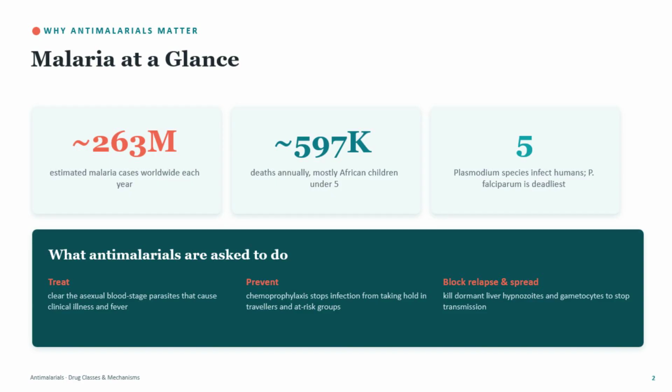I think of antimalarials as having 3 jobs: to treat blood stage disease, to prevent infection through chemoprophylaxis, and to block relapse and transmission. As I'll show you, those 3 goals are exactly why no single drug fits every situation.